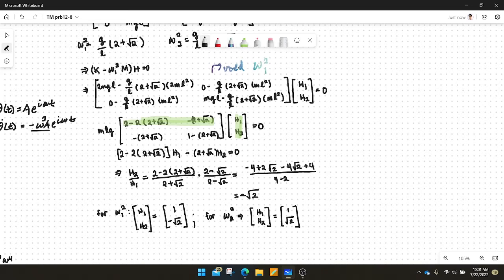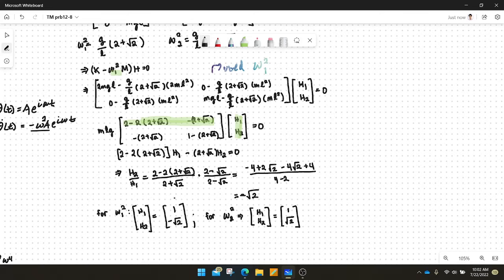Now if you do the same process with omega sub 2 squared, you're going to get H1 equal to 1, H2 equal to square root of 2.